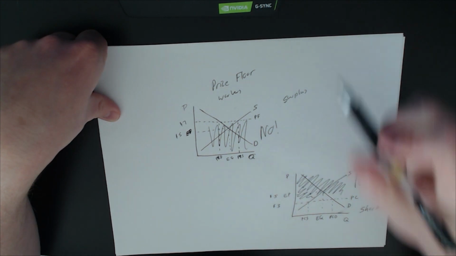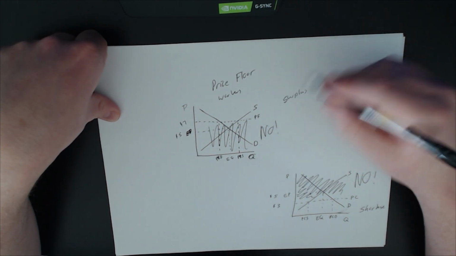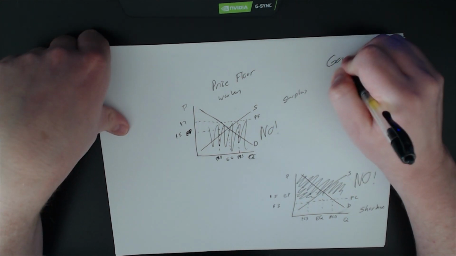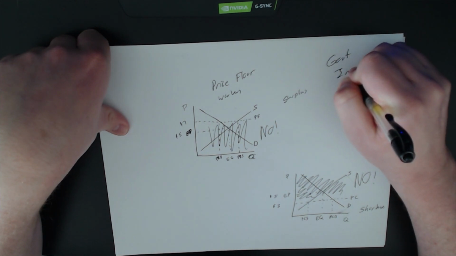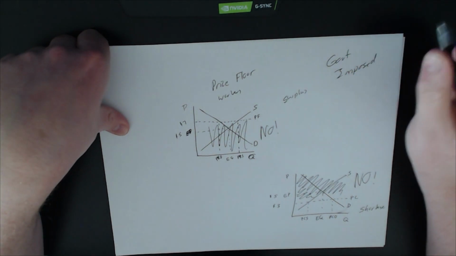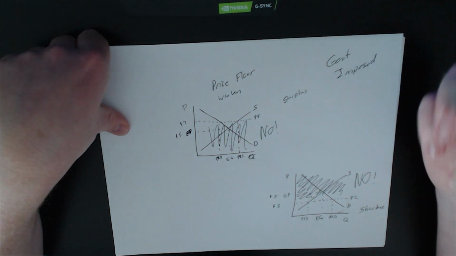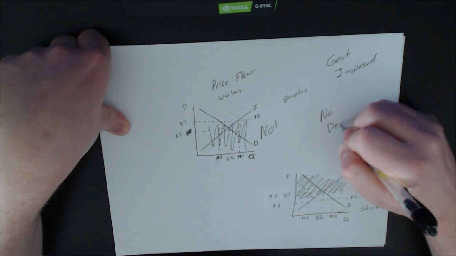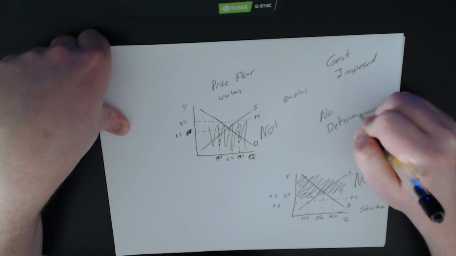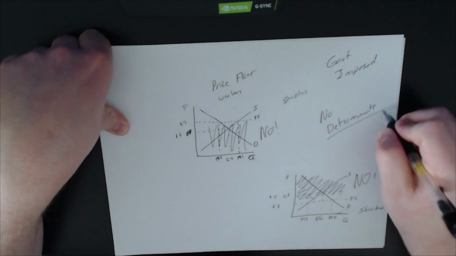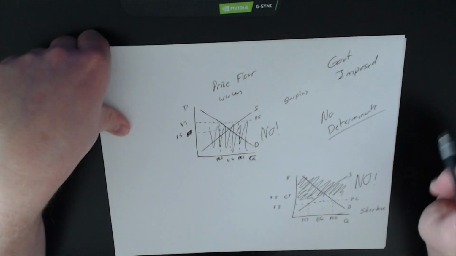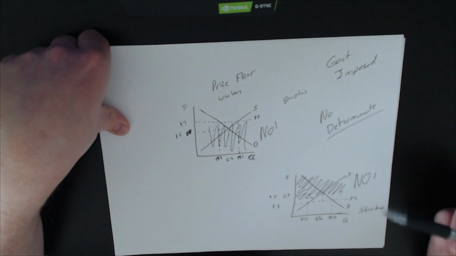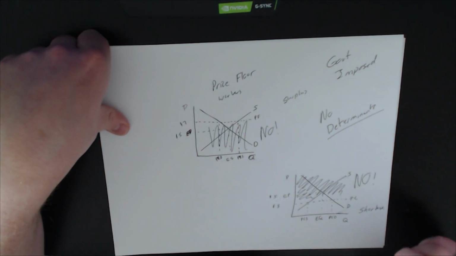Okay? Now these are usually government imposed. And the thing is with these, no determinants. All right, there's no determinants with a price ceiling or a price floor, because the simple fact that it's a price control means it's already understood to be a government policy, but it's not necessarily a policy that is going to change anything.